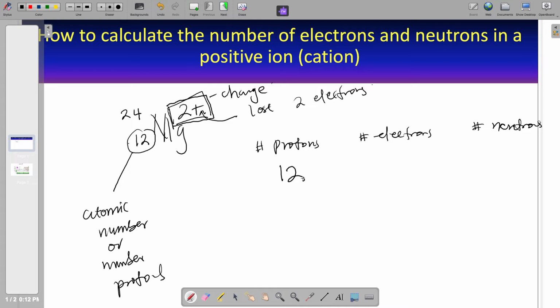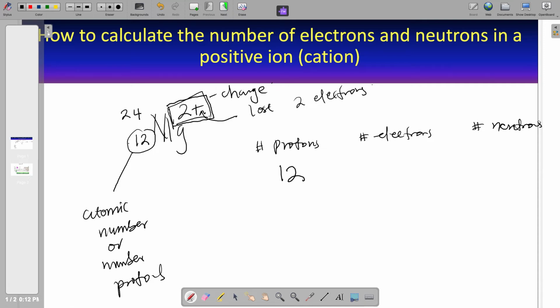Now what is the number of electrons? To calculate the number of electrons, you have to recall that for a neutral magnesium atom, you have an equal number of electrons and protons. So for a neutral magnesium atom, you have 12 electrons and 12 protons. But in this case, magnesium is not neutral. It has a charge of 2 plus.